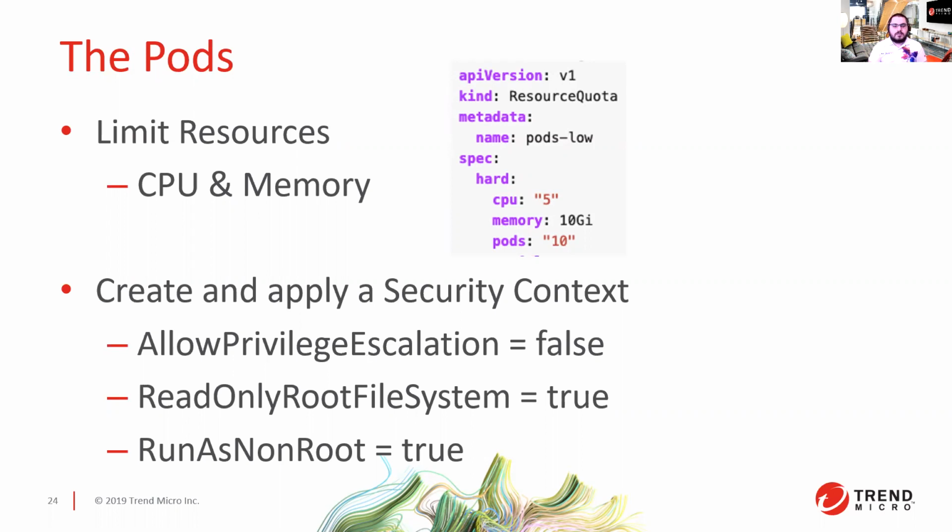And so just like containers, you have to limit the resources, the CPU and memory, otherwise the pods can start consuming all the resources available on your node and leaving the other pods with performance issues, and possibly causing a denial of service on the node.